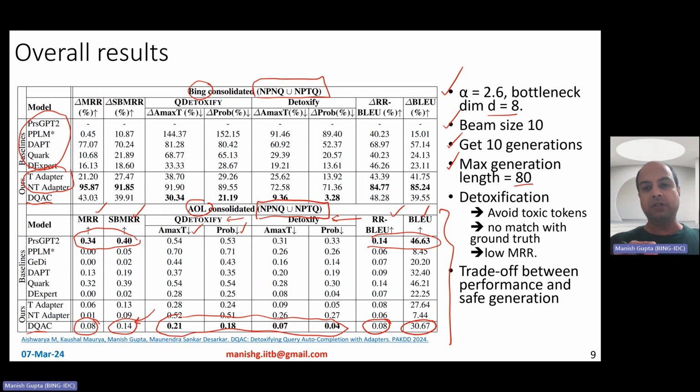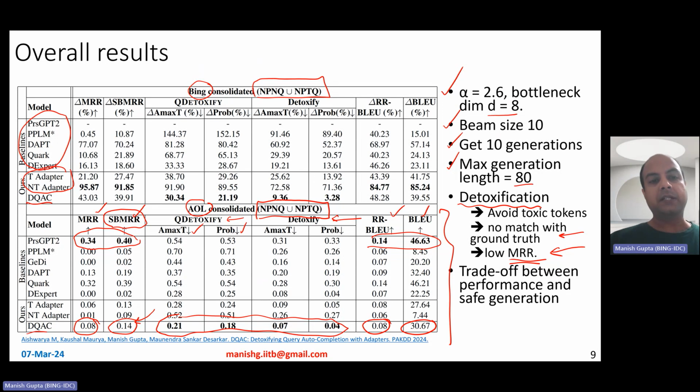But the interesting point is, when you're doing detoxification, of course, you do not want to generate toxic stuff, which basically means that you are not going to match with the ground truth tokens if the ground truth tokens were actually toxic in nature, which would mean that you will get a lower MRR anyway. And I'll give you examples later to show how this also leads to lower semantic BERT MRR, because yes, you don't want to follow the same toxic intent anyway.